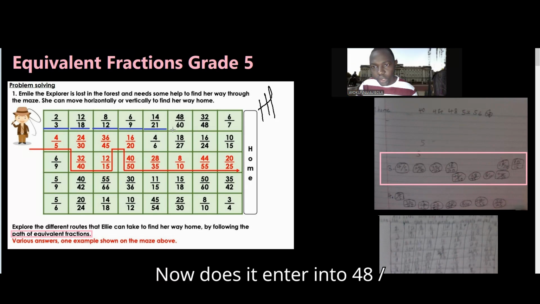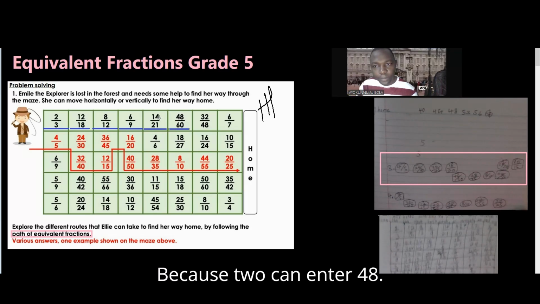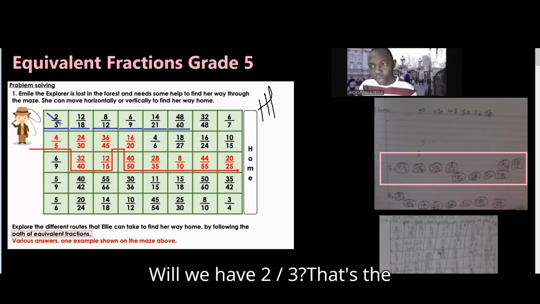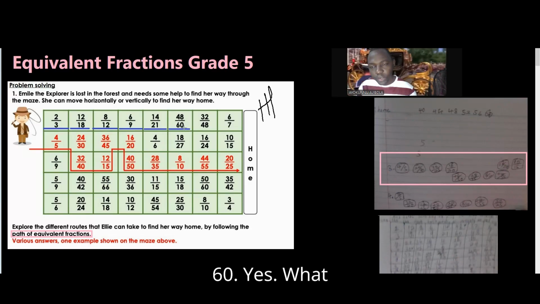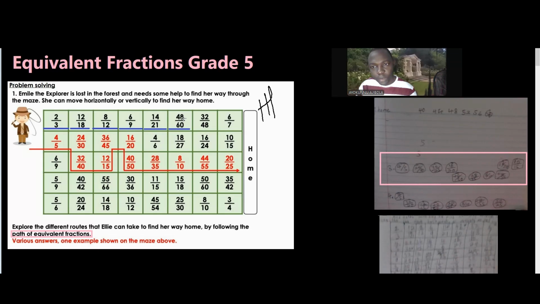Now, does it enter into 48 over 60? Yes. Why? Because 2 can enter 48. Will we have 2 over 3? That's the question. From 48 over 60, what will you use to divide 48 and 60 to give you 2 over 3? Let me see.